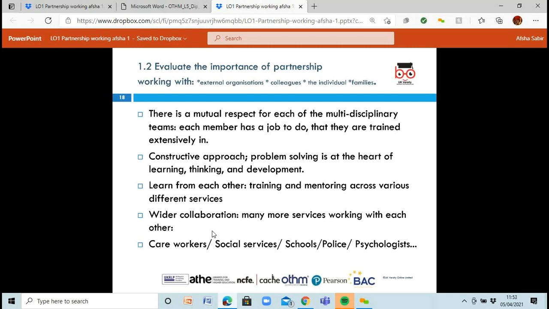With Victoria Climbié, unfortunately, she was tortured by her great aunt and by the boyfriend. But she was seen on a lot of different occasions by social workers. She was noticed in school. She went into the hospital after she had boiling kettle water poured over her head. It's just unfortunate that we didn't have these types of services at that time, because it could have saved her life.